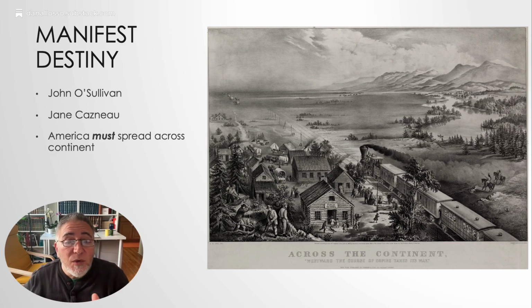Jane Cazneau was sent by President Polk on a secret peace mission to Mexico in 1845, and she rode to Mexico on horseback and offered to buy Alta California for $25 million. At the outbreak of the Mexican-American War, after the Mexicans refused that offer, she went to the front and she wrote about Winfield Scott's capture of the fortress at Veracruz in March 1847, which made her the first female war correspondent in American history.